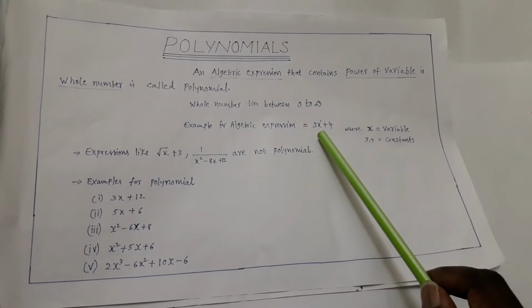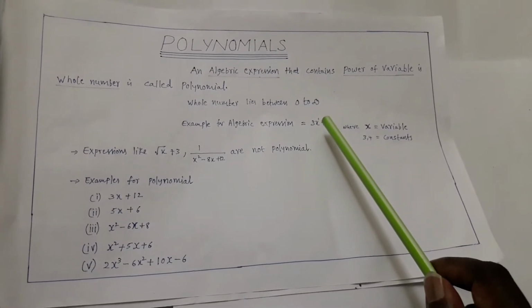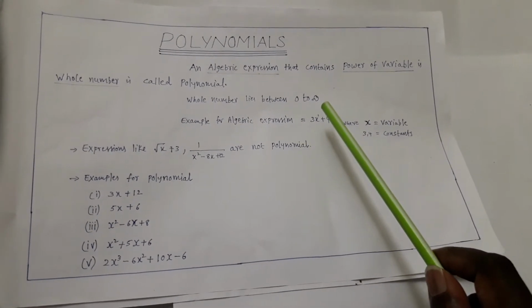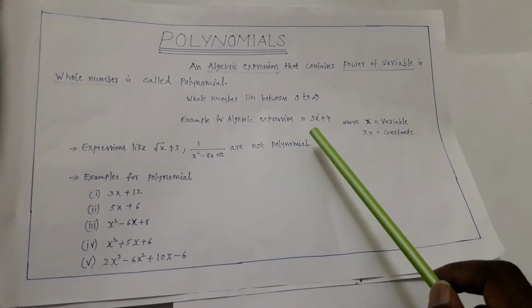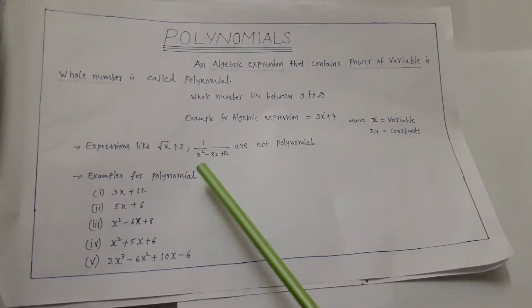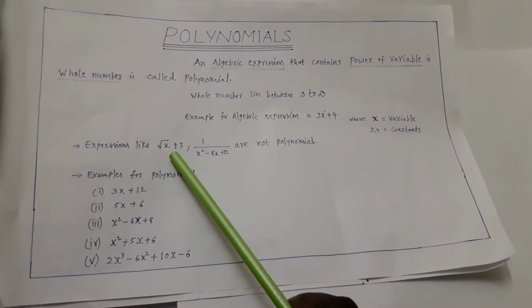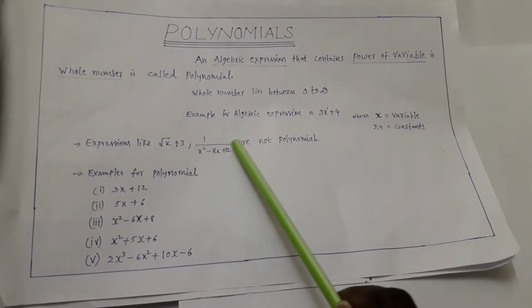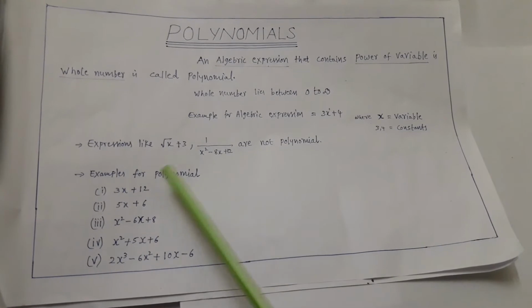Here x power 1 lies between 0 to infinity, so this is a polynomial. If the power of x is a fraction or negative, then those expressions are not polynomials.